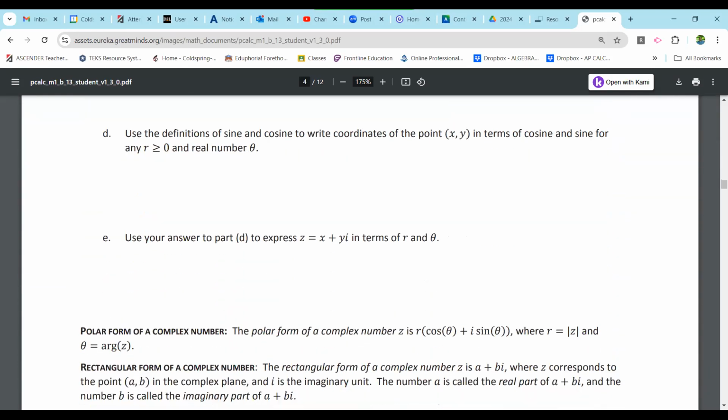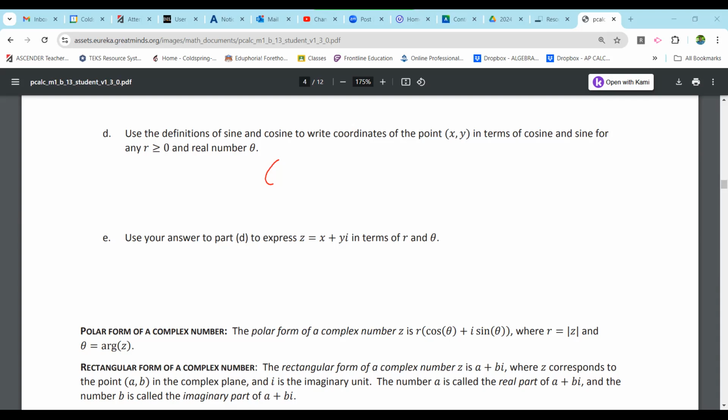On part D, it says, use the definition of sines and cosines to write a coordinate and points X and Y in terms of cosine and sine for any value of R. What equation would that look like? Not R equals 20, not in this situation. What is the equation?